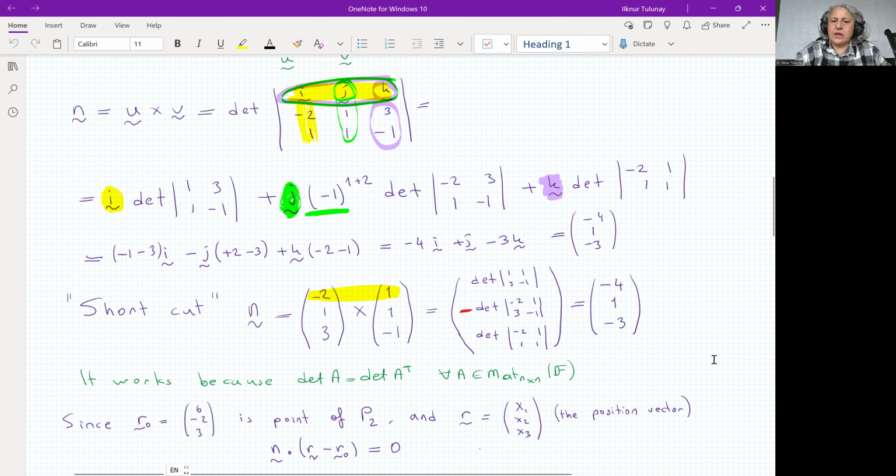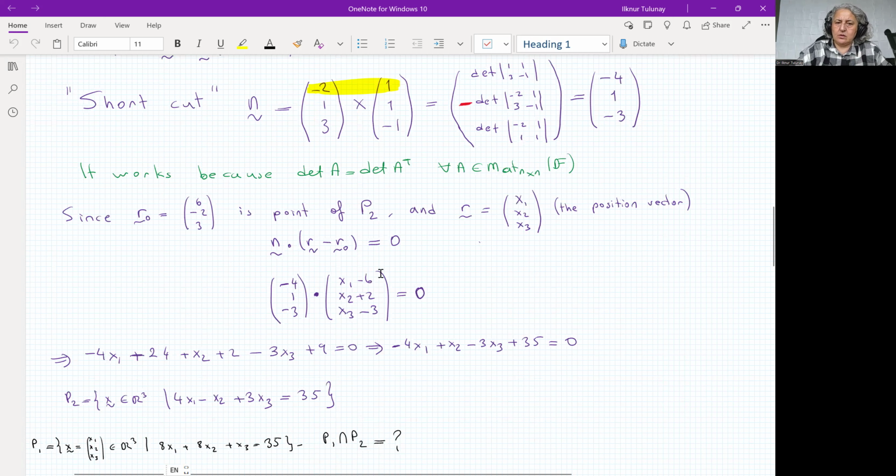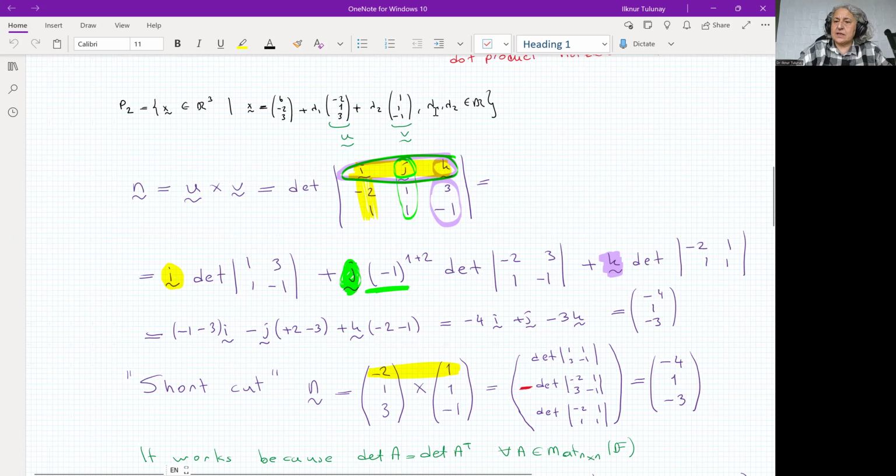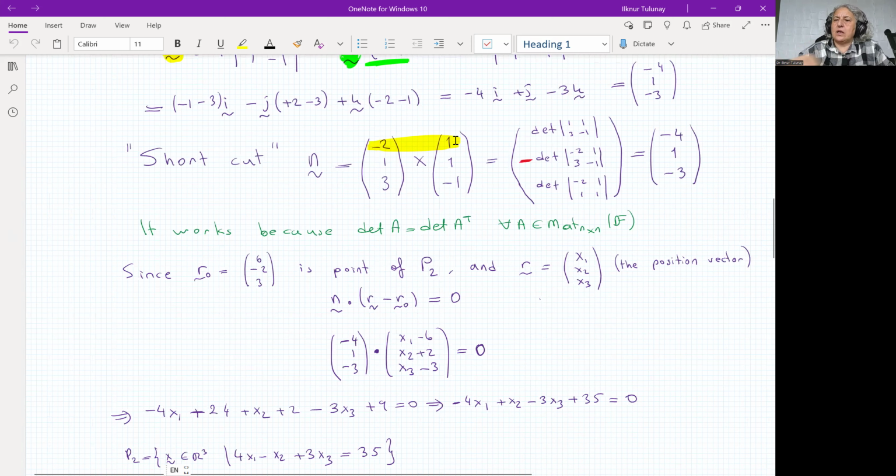Okay, so once we know the normal vector, we can put it in. The position vector x1, x2, x3, and you have a point, any point, but the simplest way to get the point is just from the reading of the presentation. So this is a point on the plane. Take it simply. You can choose any point on the plane, but why work more if you have something in your hand to use.